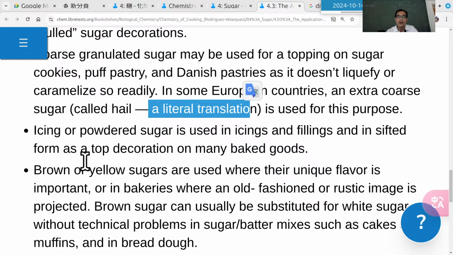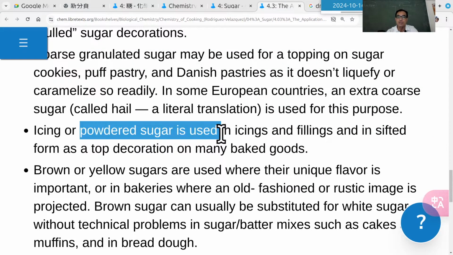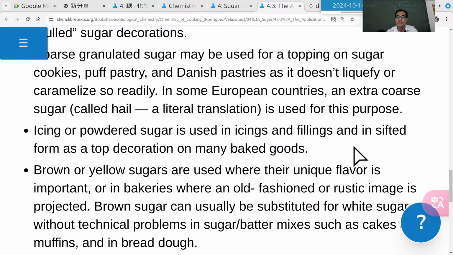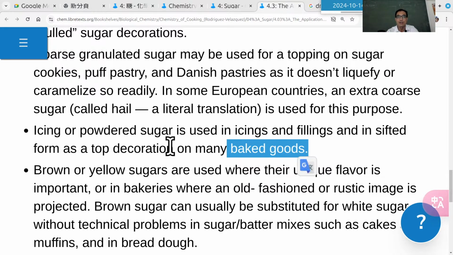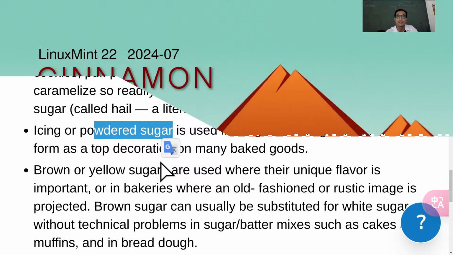Okay, then icing or powdered sugar is used in icing and filling, and is sifted on top as a decoration on many baked goods. Powdered sugar, for example, on fried donuts, can coat them.